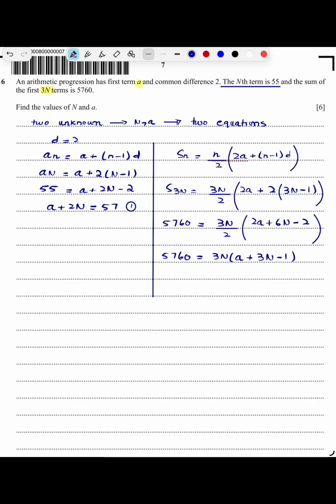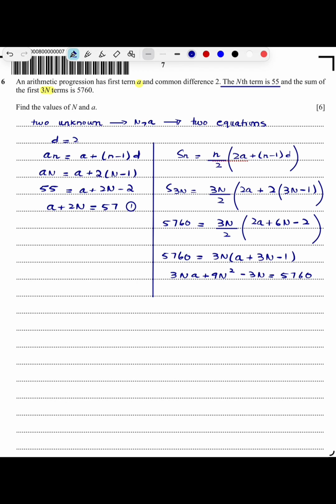We'll get 3na plus 9n squared minus 3n is equal to 5760.